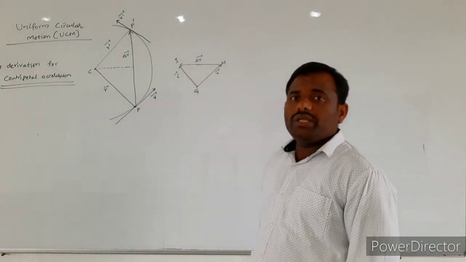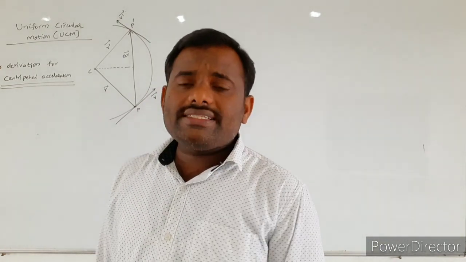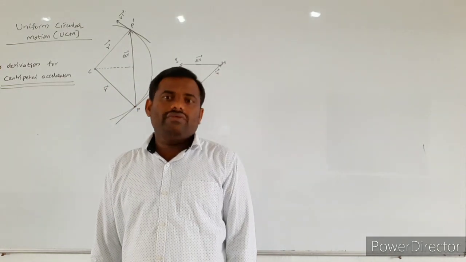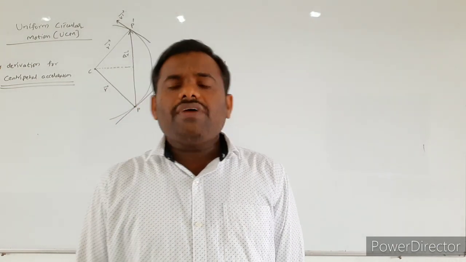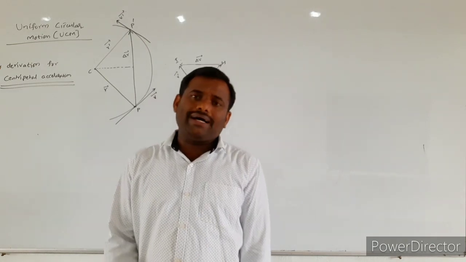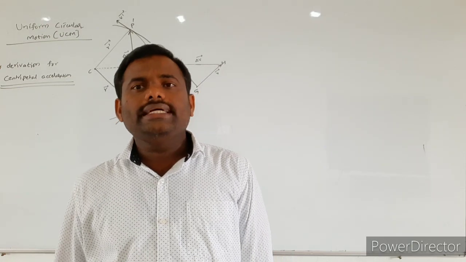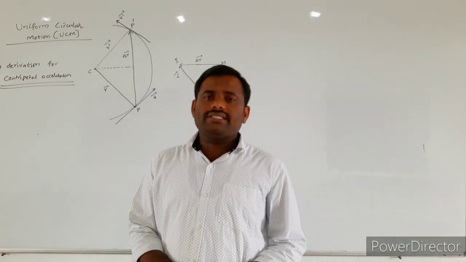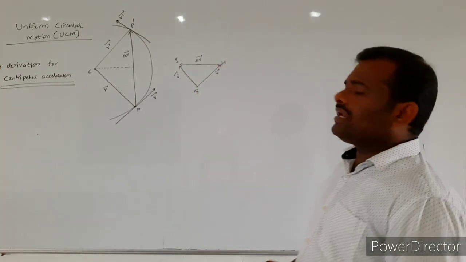Next topic is uniform circular motion. When will we say that the given object is in uniform circular motion? If a particle is revolving in a circular path, and at each and every point the speed of the particle is constant, such a type of motion we call uniform circular motion.